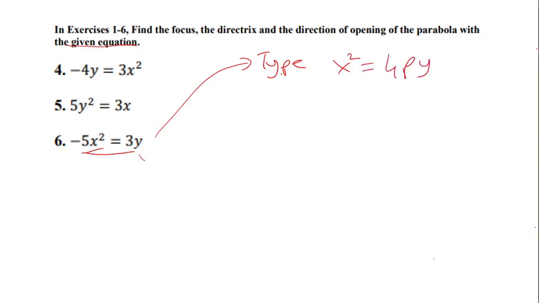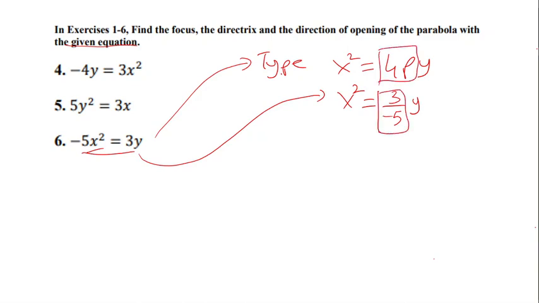And then let's change this one to x squared. So isolate x squared, it will be 3 over negative 5y. And here you match this 4p and this 3 over negative 5.